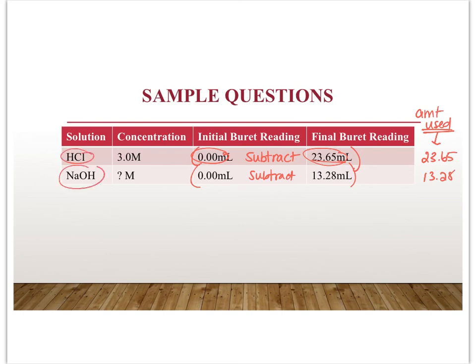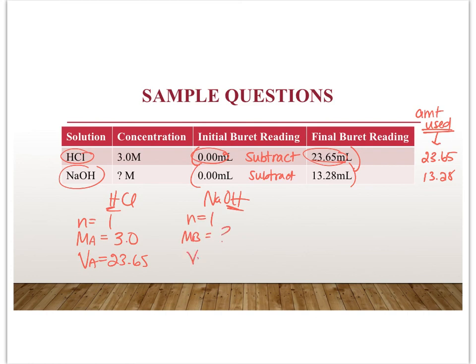So we have our acid and our base. MA equals 3. VA equals 23.65. MB is our unknown. VB is 13.28.